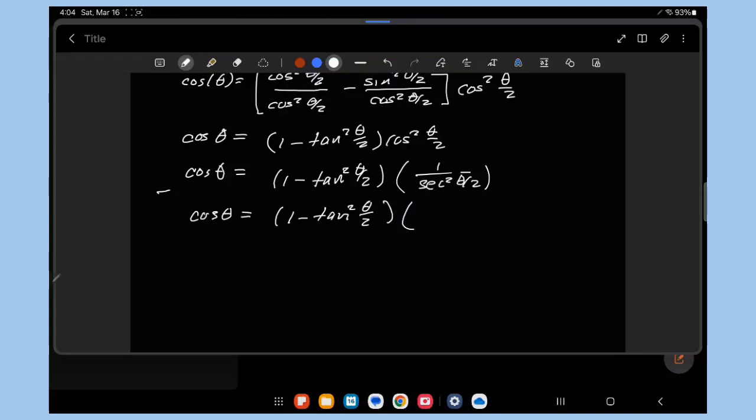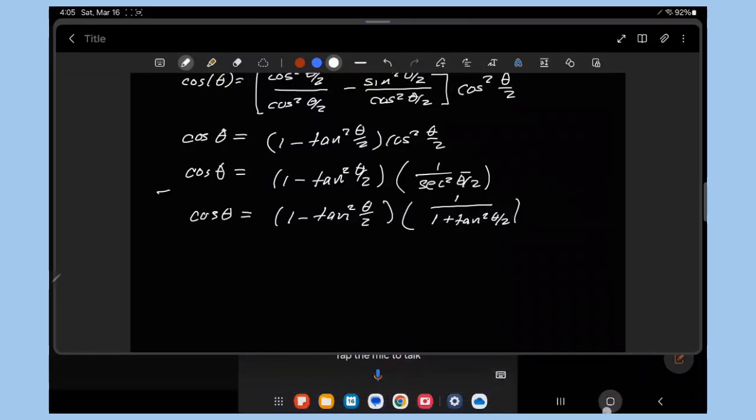And then secant squared of theta over 2 is 1 plus the tangent squared of theta over 2, another trig identity. So I'll write this as 1 over 1 plus the tangent squared of theta over 2. But let's remember that z equals the tangent of theta over 2. And so we can write this as 1 minus z squared times 1 over 1 plus z squared.